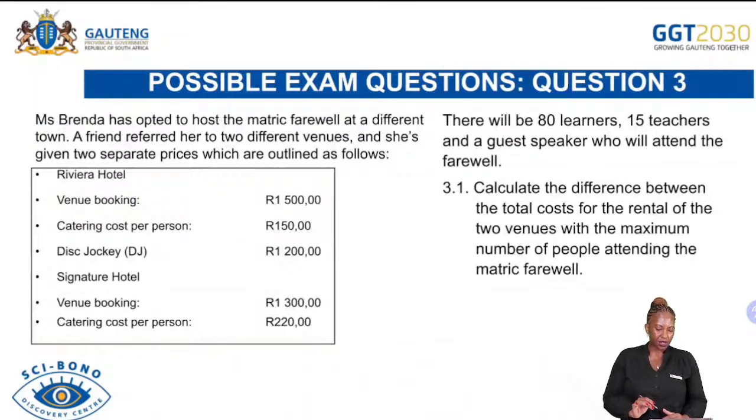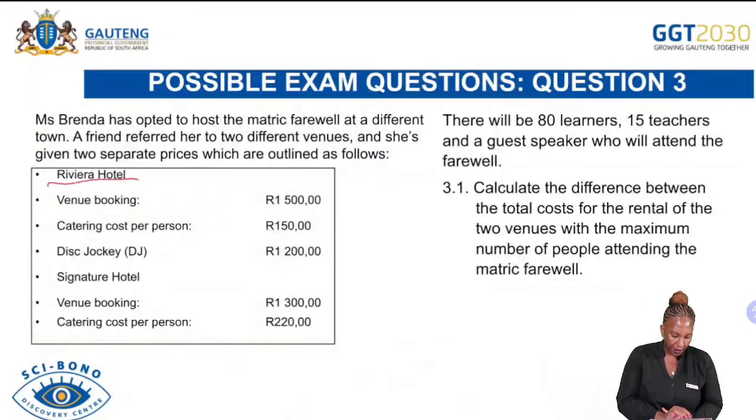Miss Brenda has opted to host the matric farewell at a different town. A friend referred her to 2 different venues, and she's given 2 separate prices, which are outlined as follows: Riviera Hotel, and then also a Signature Hotel.